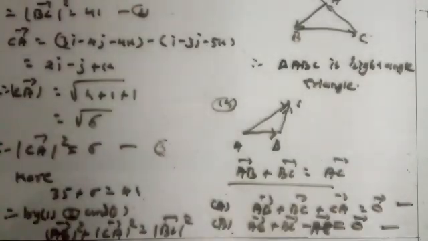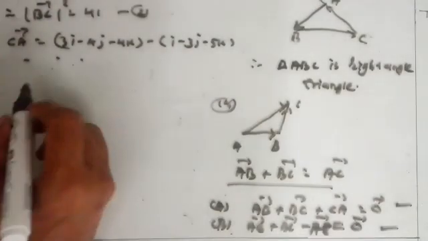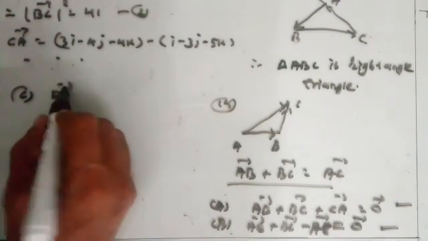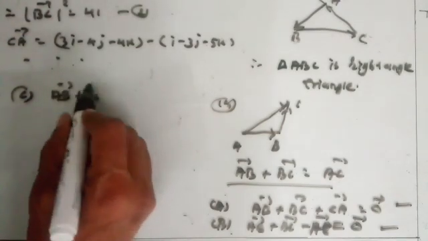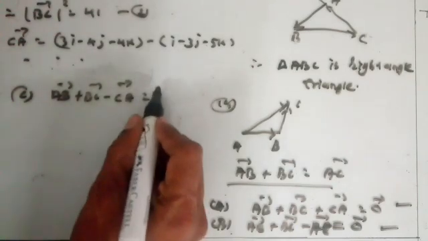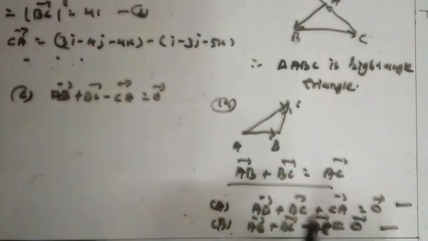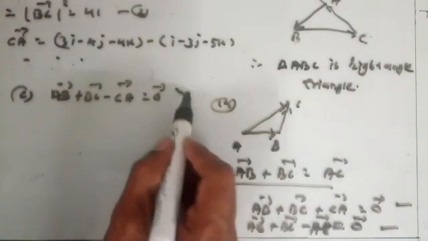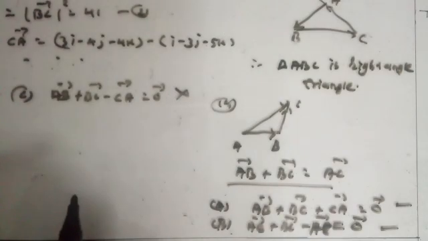And C: AB plus BC minus CA is equal to the 0 vector. AB plus BC, take AC to this side, minus AC, so this becomes plus CA, so this is false. Clear?